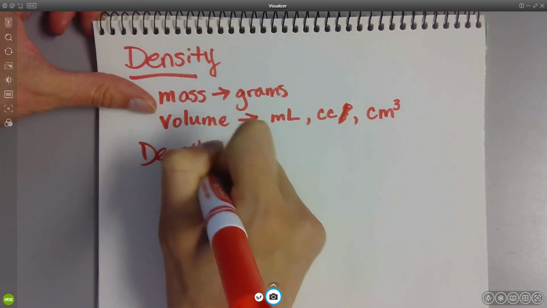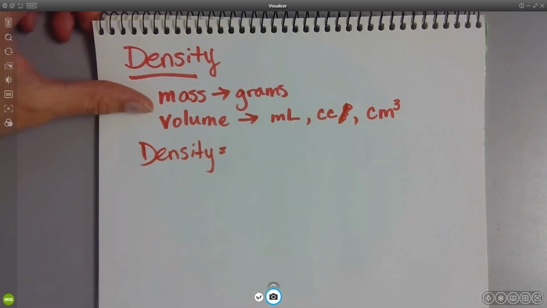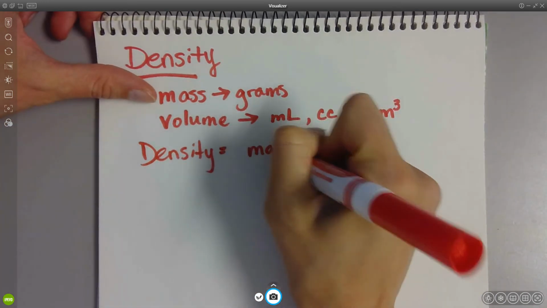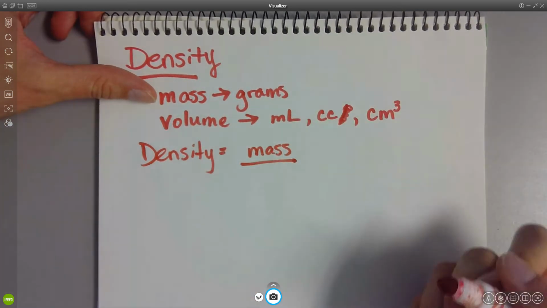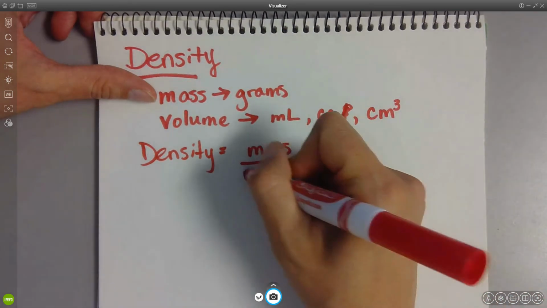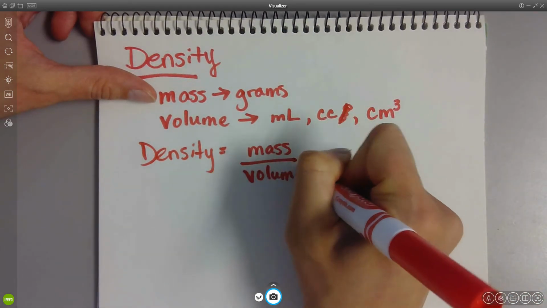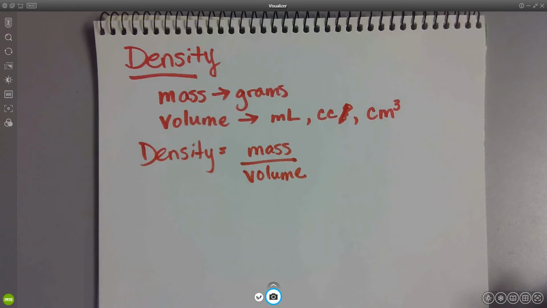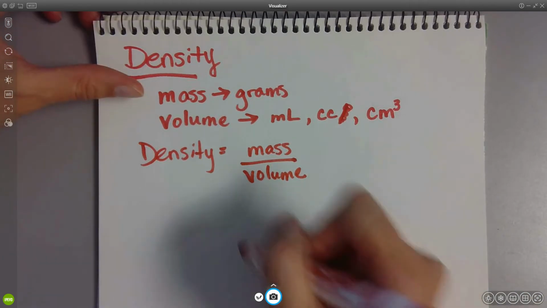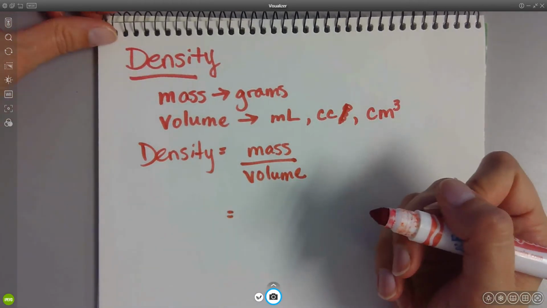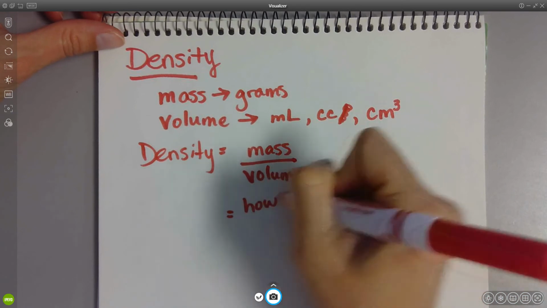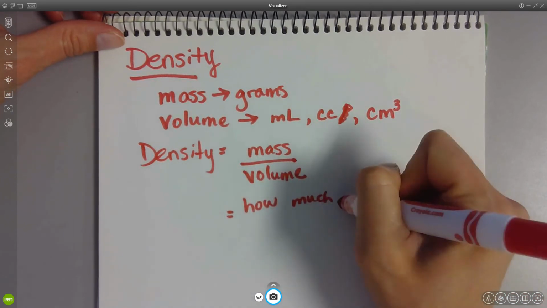Density is what we get when we take mass and divide it by the volume. You could also think about it as being this: how much matter is in how much space.